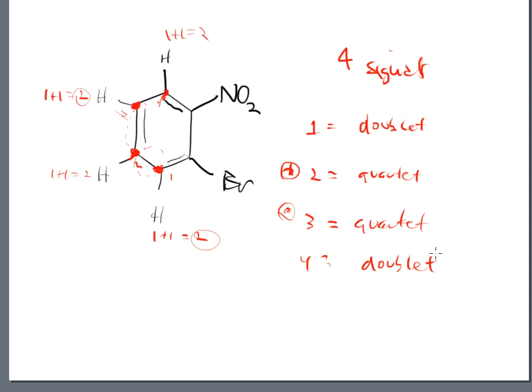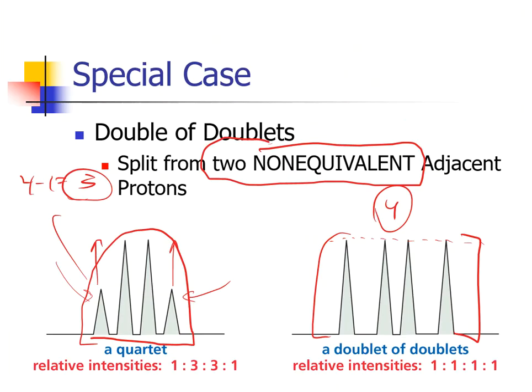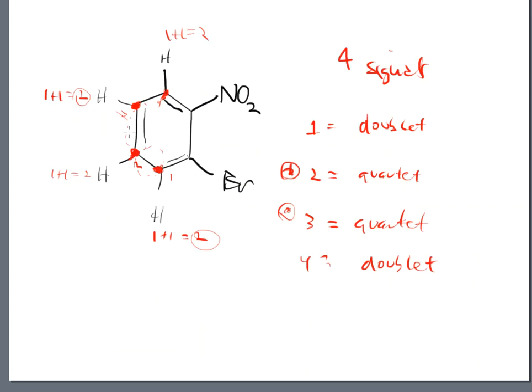And I need to figure out, are they normal, traditional type of quartets now, or are they called double of doublets? So if I go back to the double of doublets definition, it says that it is a split from 2 non-equivalent adjacent protons. All right, so what does that actually mean? Well, if I look at this particular structure and I go back to position 2, which is where I want to start, that's kind of the first one that we saw.